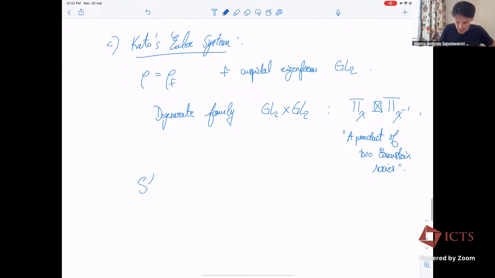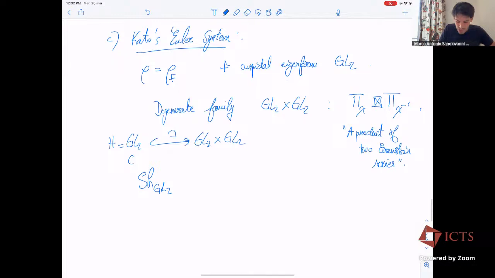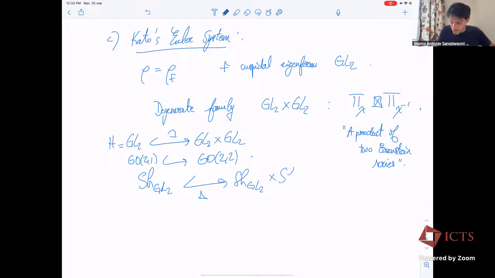And so now the Shimura variety is just the group H, which is GL2 embedded diagonally inside GL2 times GL2. So from the point of view of GGP, this is GO(1) inside, say, something like GO(2). So it's the Shimura variety of GL2 embedded diagonally in the Shimura variety of GL2 times the Shimura variety of GL2.